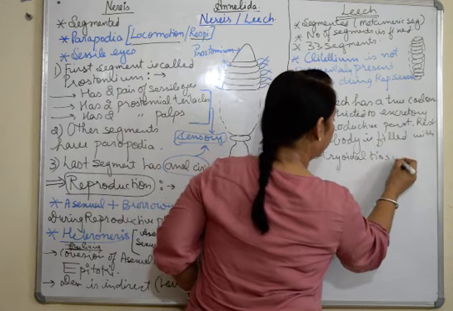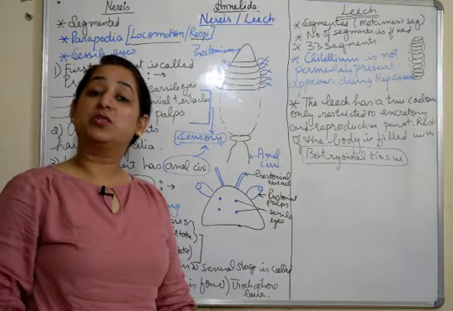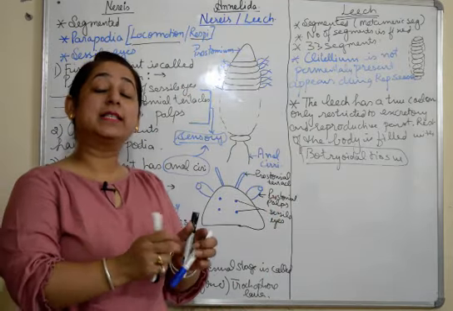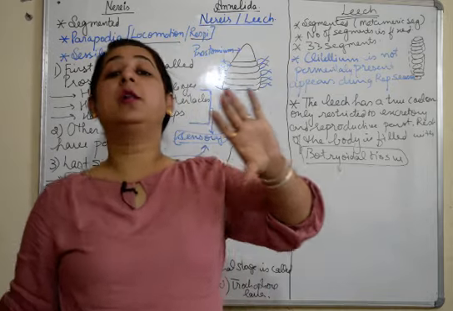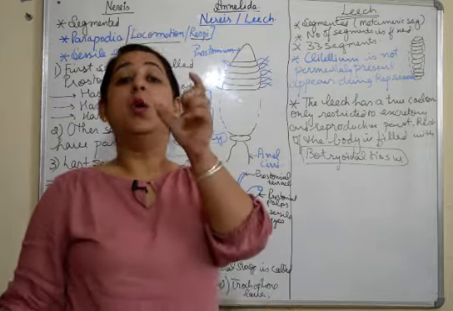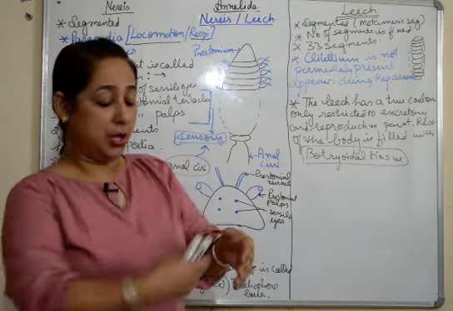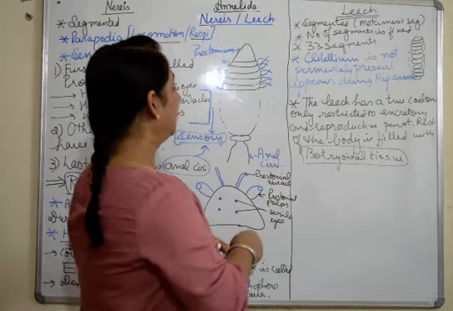This is a very important feature related to leeches. What is botryoidal tissue? Botryoidal tissue is the tissue which fills almost all parts of the leech except the reproductive and excretory parts, which are lined with the true coelom. So this is also a significant characteristic feature.